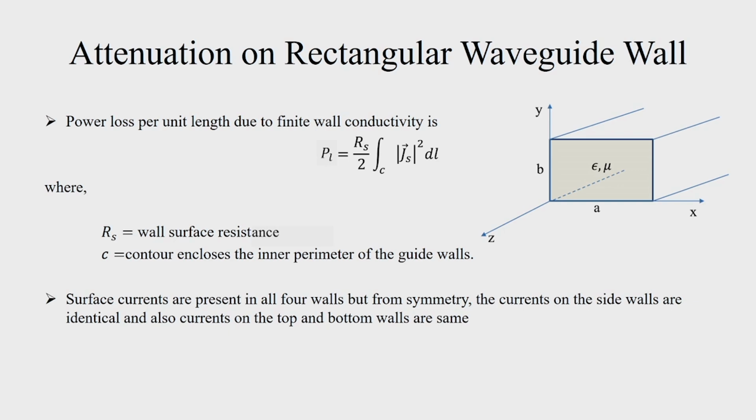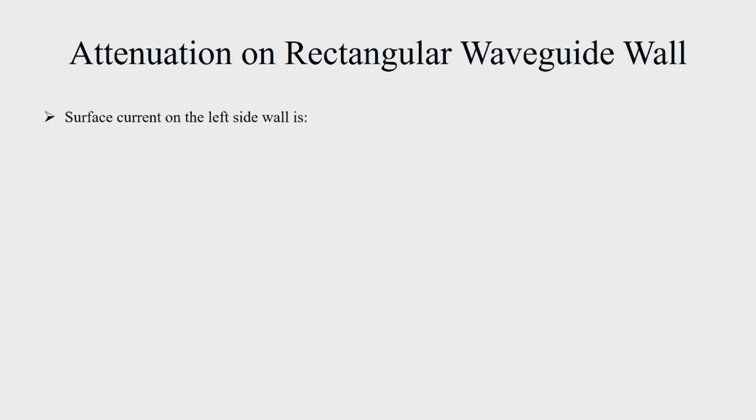And therefore, since we are evaluating the magnitude of J squared, we can evaluate only on two walls and multiply this by 2. The surface current on the left side wall is given by Js equal to n cross H evaluated at x equal to 0.